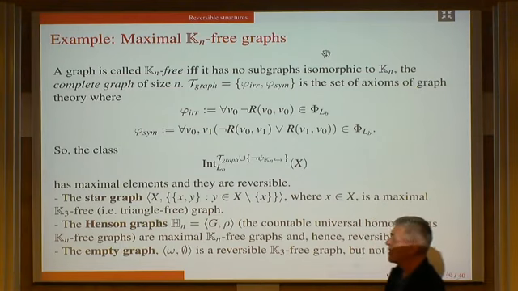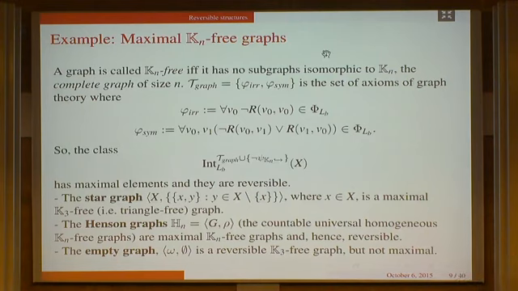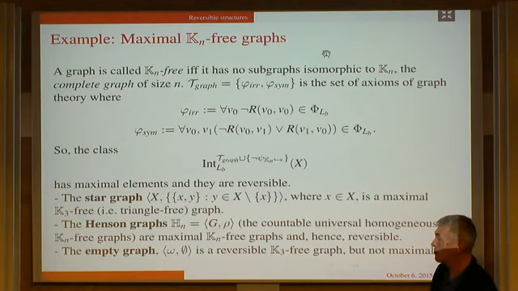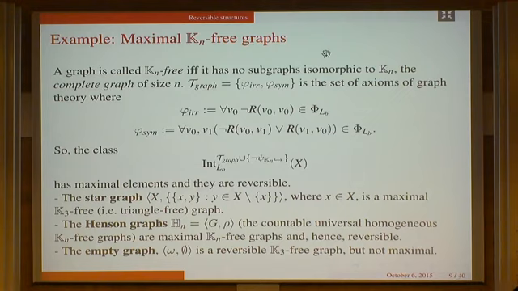All Henson graphs are reversible, which means that each bijective homomorphism is, in fact, an isomorphism. It is interesting in the light of the Lachlan and Woodrow classification of ultra-homogeneous graphs that, for example, the Rado graph is not reversible. Why? Because if we have the Rado graph and delete one edge, we will obtain an isomorphic copy. In fact, all Rado graphs are isomorphic.